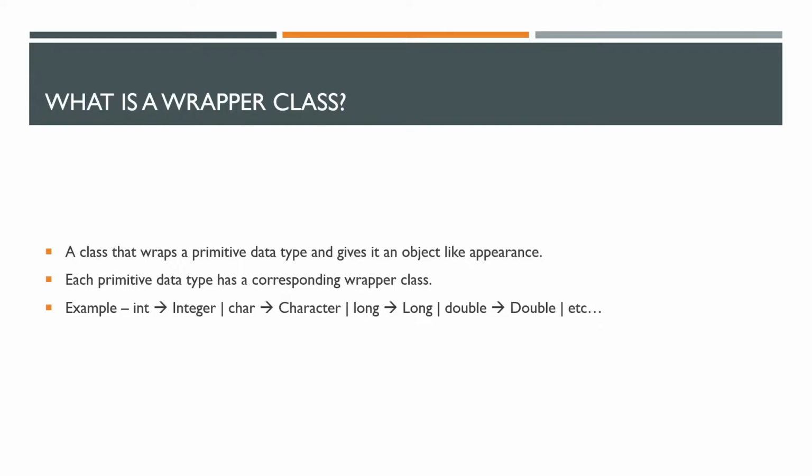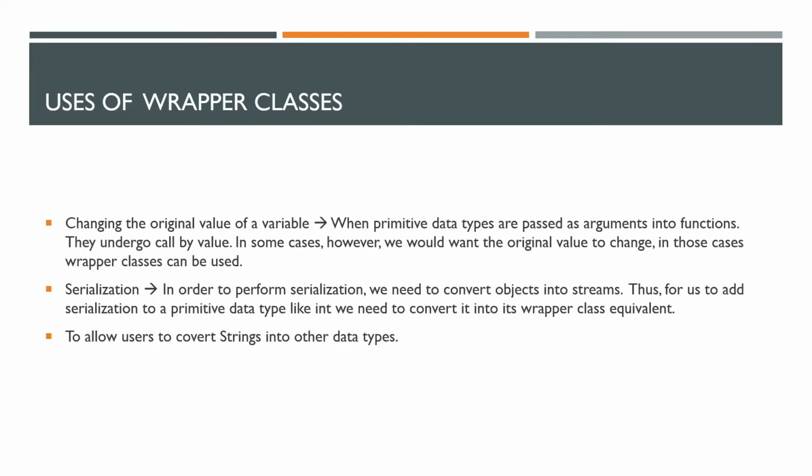Now, these wrapper classes behave very similar to primitive data types, except they have a few added functionalities which we'll be going over. Now, we know what a wrapper class is, but what exactly is a wrapper class used for? So one situation in which wrapper classes are used is changing the original value of a variable.